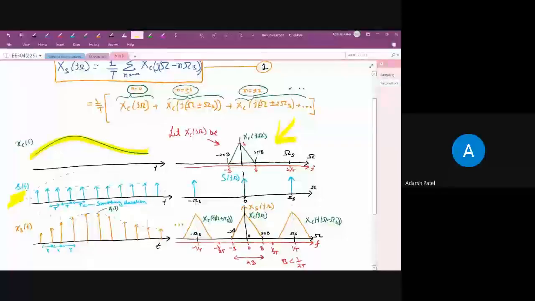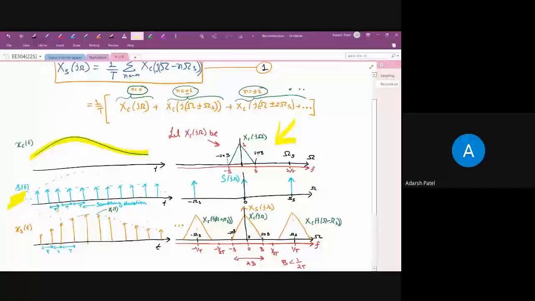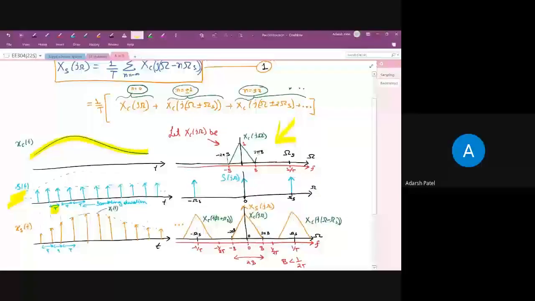s(t) here was an impulse train, given by the expression 1 upon T, summation of delta(t minus nT), where capital T was the sampling duration.